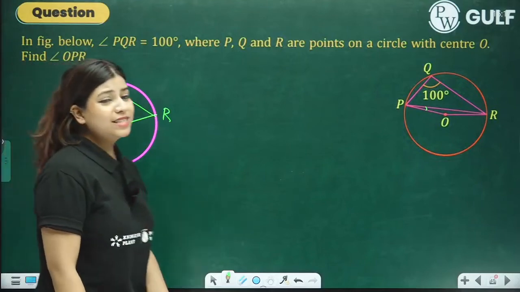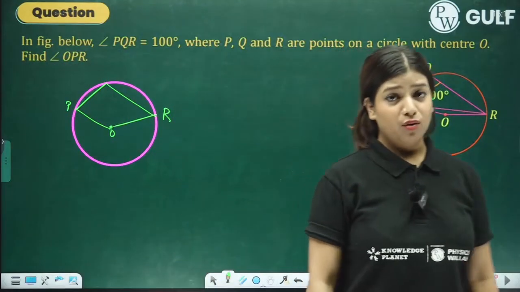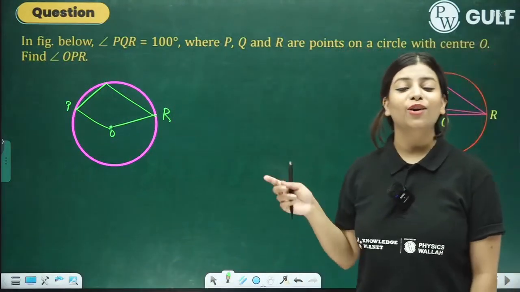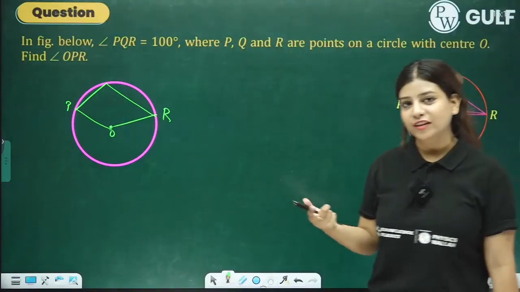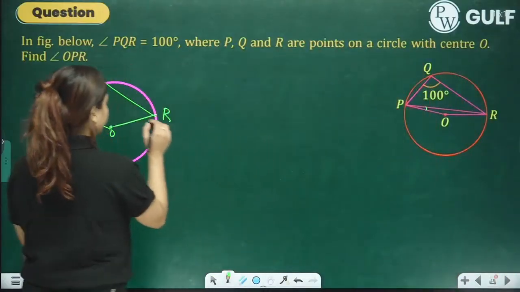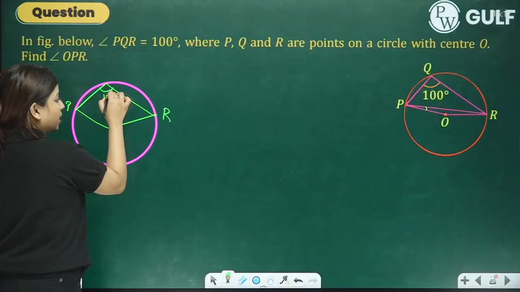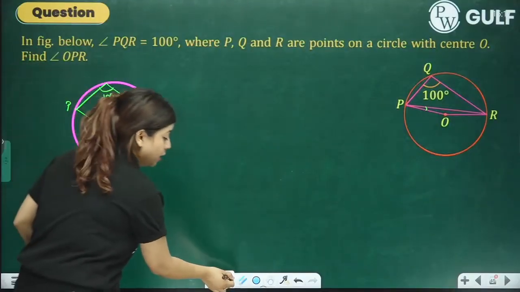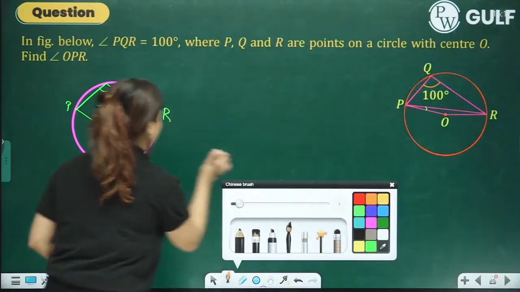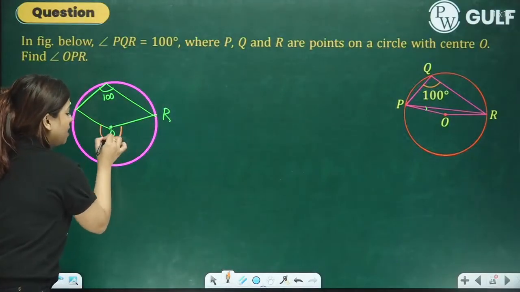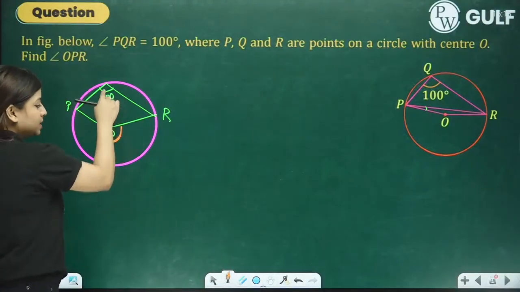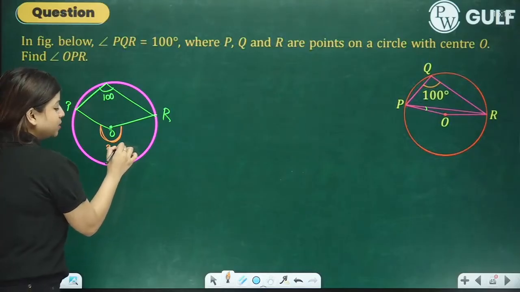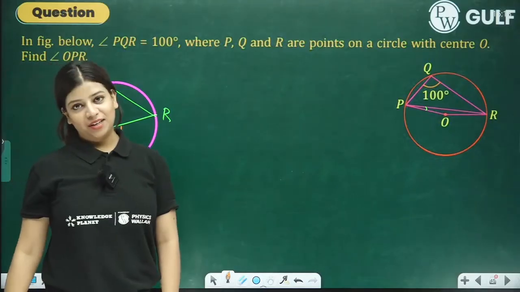You cannot say that this is a cyclic quadrilateral. Why? Because O is not lying on the circle. It is the center of the circle. So if this is given as 100, this is the angle in the segment. If you are making the angle at the center, this will be double. That means if this is 100, this will be 200 degrees.